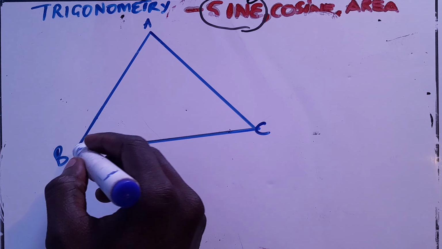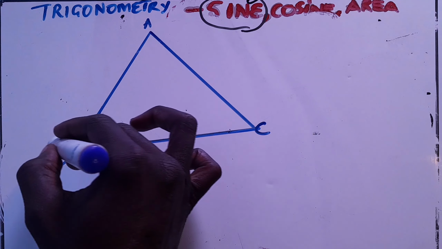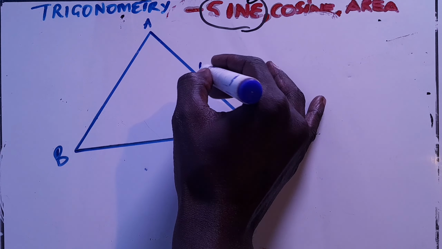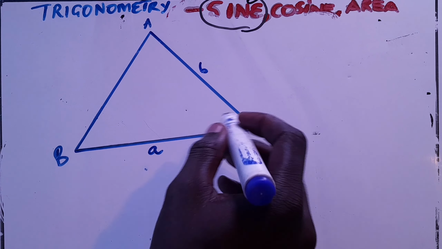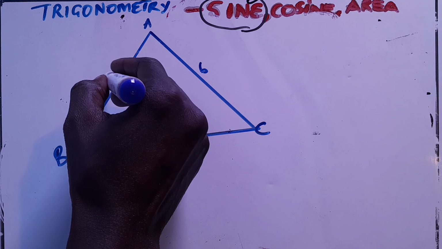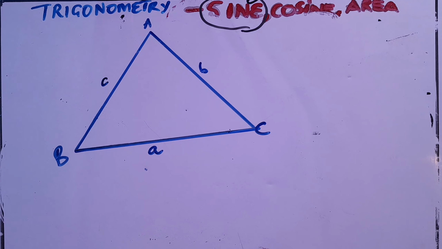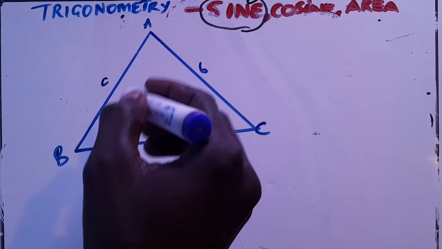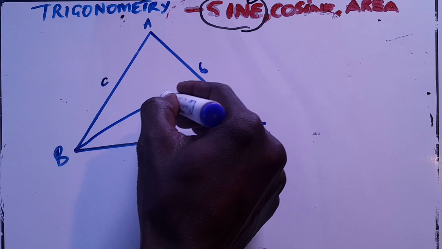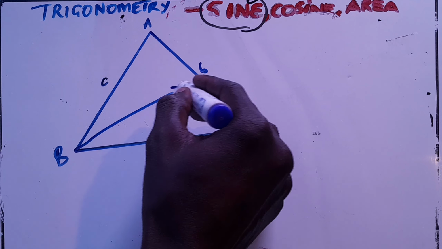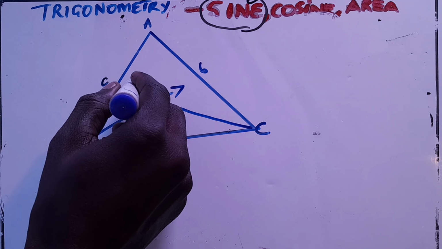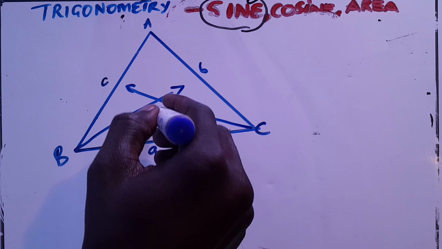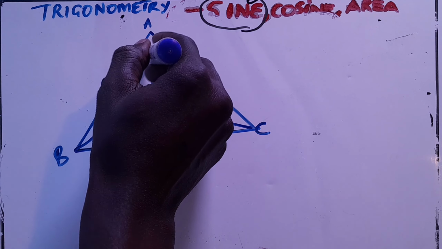Already we said the side opposite to angle B is B, the side opposite to angle A is A, and the side opposite to angle C is C. So if we're having a situation like this, this angle is opposite to this side, this angle is opposite to this side, and this side is opposite to this angle.